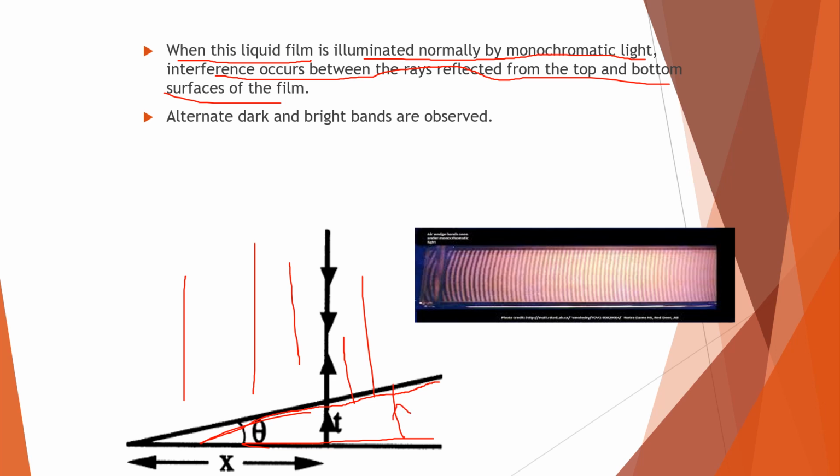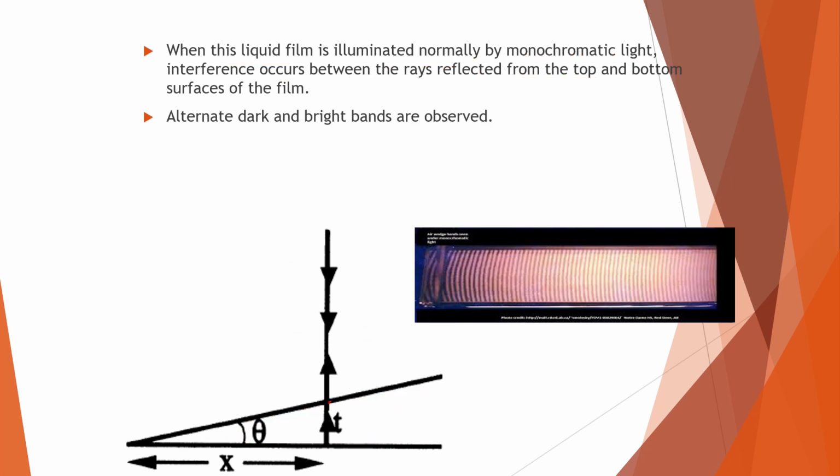These two reflected rays undergo interference, and depending upon the condition you will get either a dark band or a bright band, because the air film or the liquid film is in the shape of a rectangle. So when seen from above, it is like a line. That's why you are getting bands.